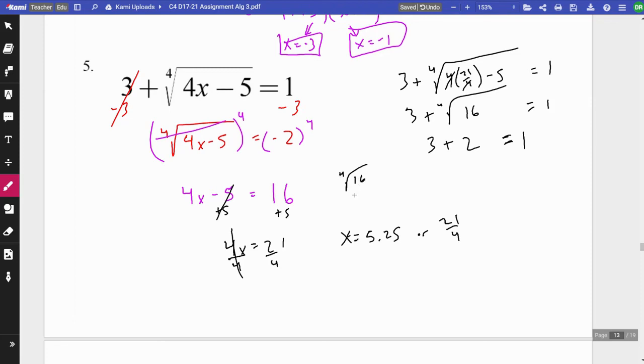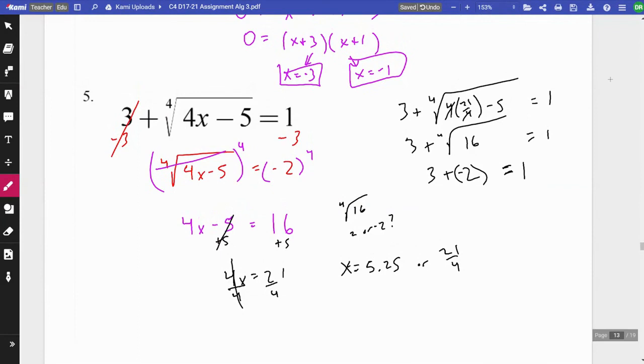How do we know if it was a 2 or a negative 2? We don't. So you could look at this and say we have no solution, but we do have the case where the 4th root of 16 is a negative 2. And then it does work out. So we're okay.